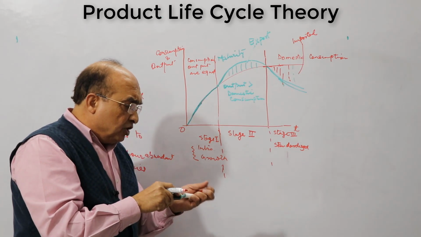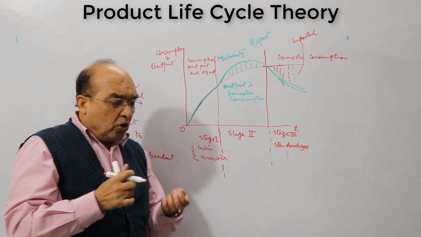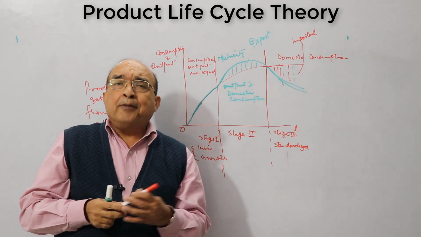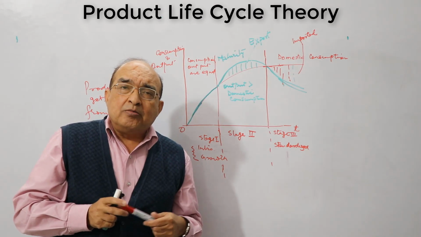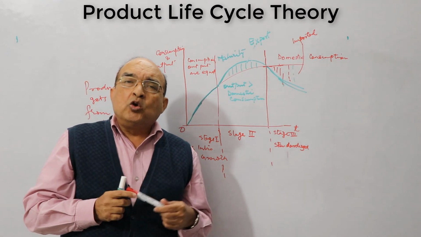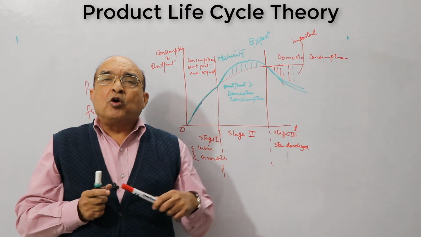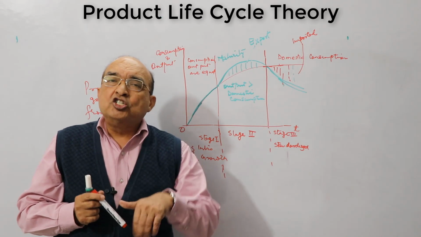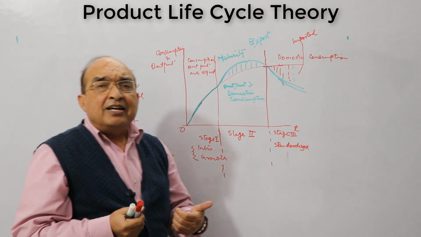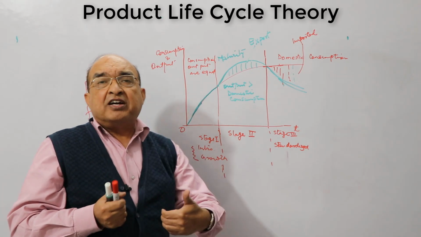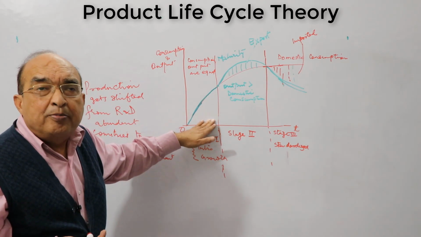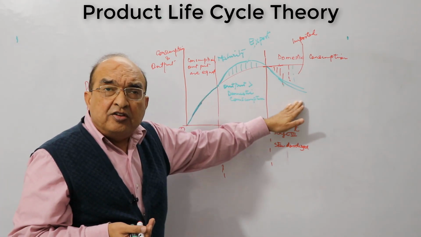Now if you just recall the developments the world over, when the presidential election of the United States was underway, Donald Trump had promised that he would bring the jobs back to the US. So how is it that jobs have gone out of the country? Because the product that was initially being produced in the country is now not being produced there. It is being produced in other countries.